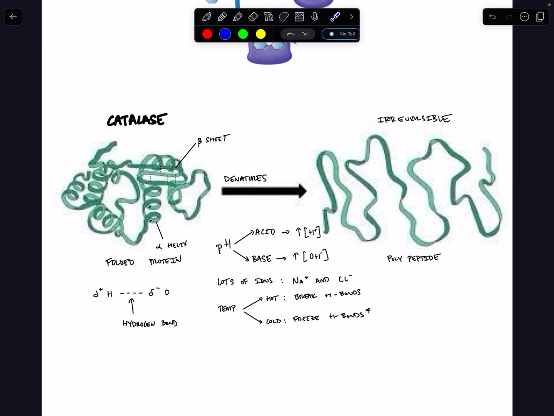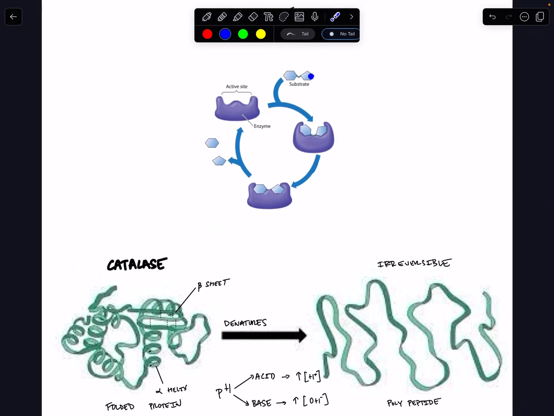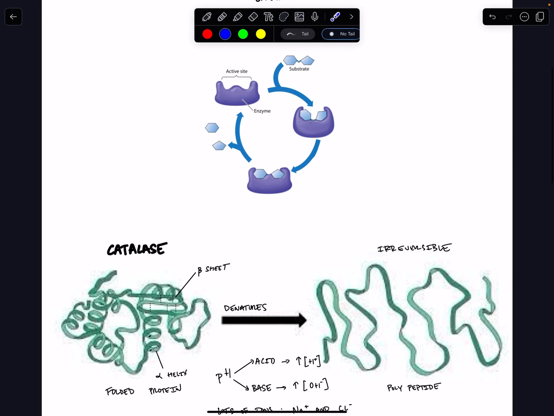So part of the reason why we saw a first slow reaction when we added the hydrogen peroxide to a frozen liver was because at first these hydrogen bonds were frozen into place, so we saw just like tiny little fizzy bubbles. But then this is an exothermic reaction, so every time it runs, it heats up the reaction, the enzyme, a little bit more.